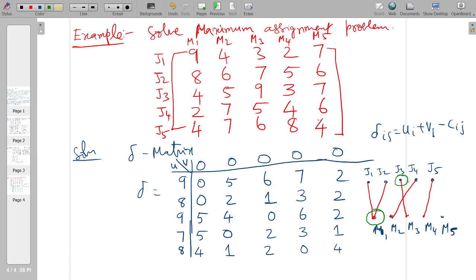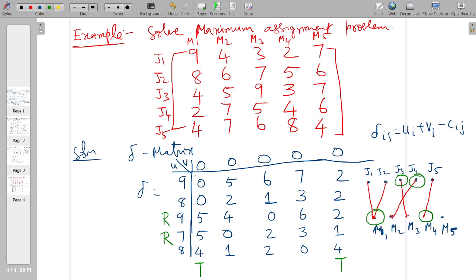Let me select J3 because that would include R in the row, which was not possible in the previous problem. Then I will select J4, and for the edge J5 M4 I will select M4. So now M4 would be T, M1 is also T, J3 is R, J4 is also R. I have marked against this.